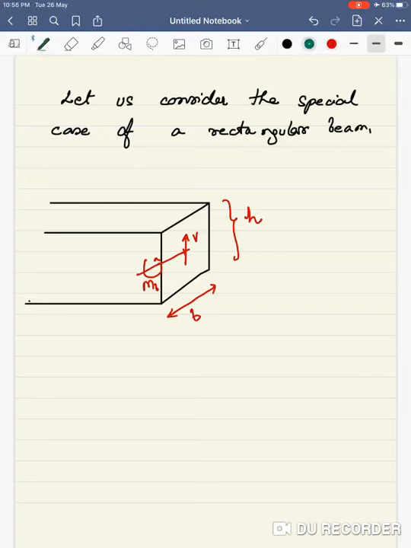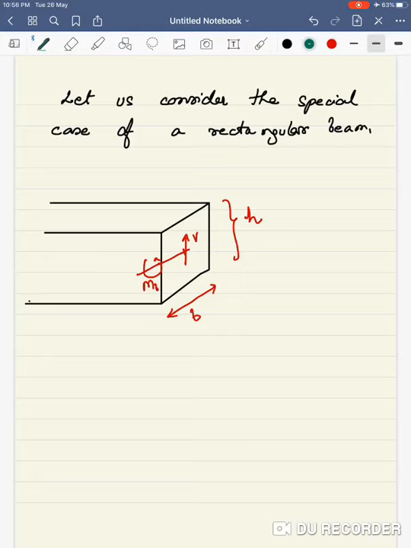So for this particular case, we can do a couple of things. One of the easiest ways of seeing how the stress, if you come about it from another approach, is that you can just apply whatever formula we had applied right now and go ahead and do the integration.